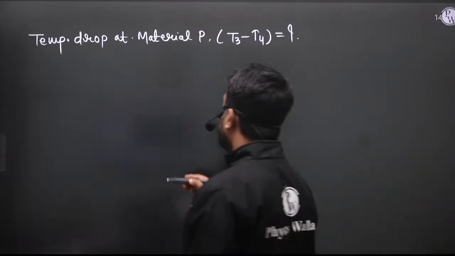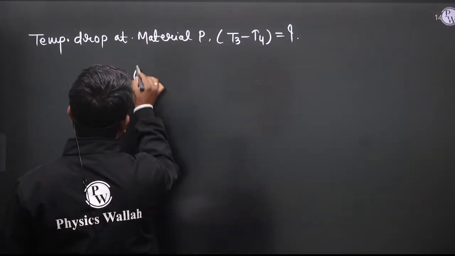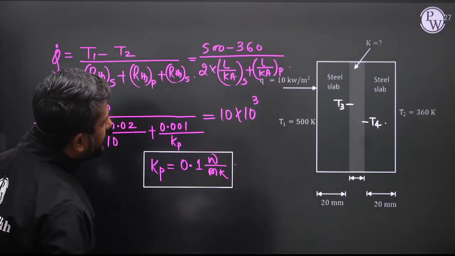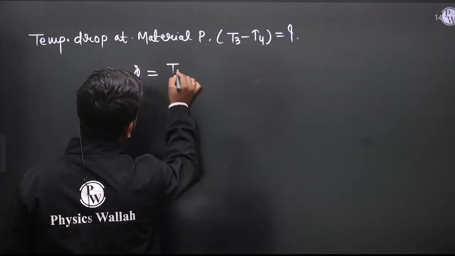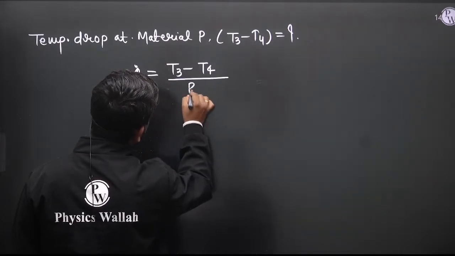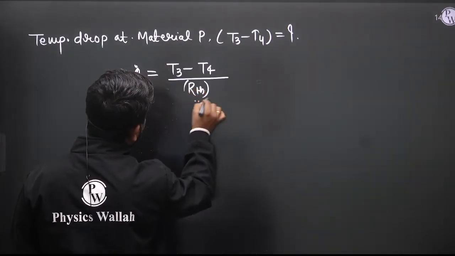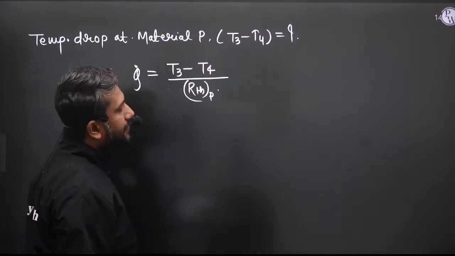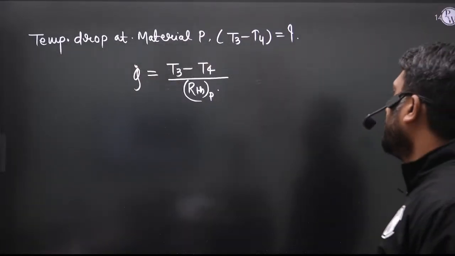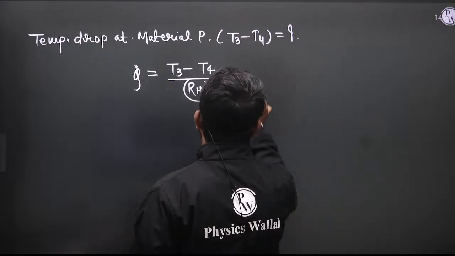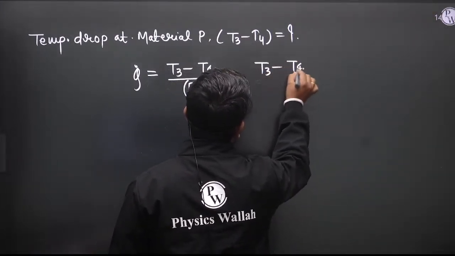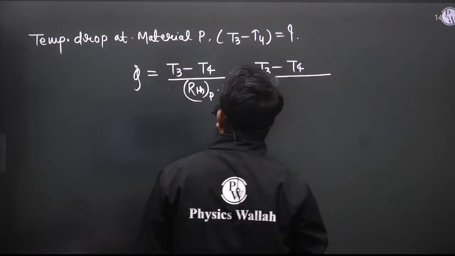So Q dot, if you apply the energy balance, again simply you can write, this is a series connection problem. So we can write T3 minus T4 divided by the conduction resistance of material P. Now this is equal to T3 minus T4 upon RTHP.